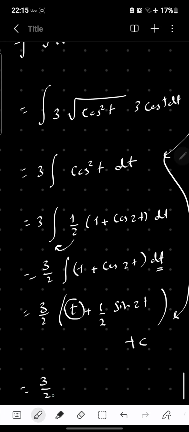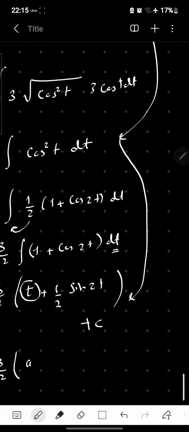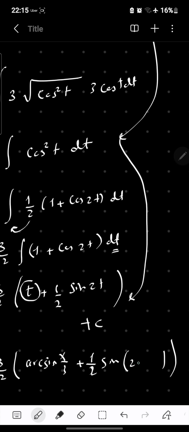Okay, so it will be 3 over 2 t. t is arc sine x over 3, plus half sine 2t, which is 2 arc sine x over 3, plus c.